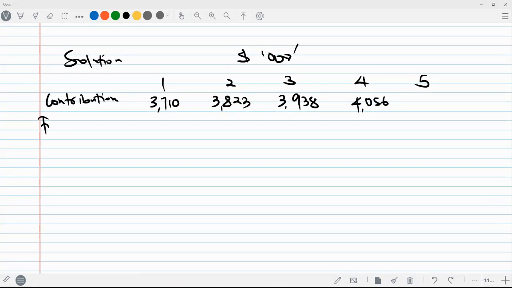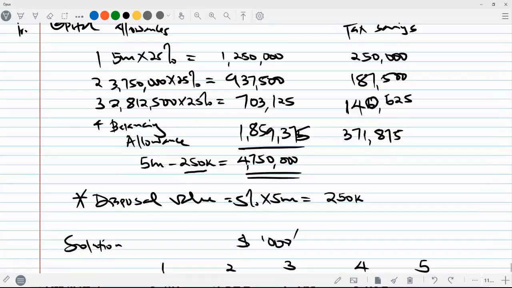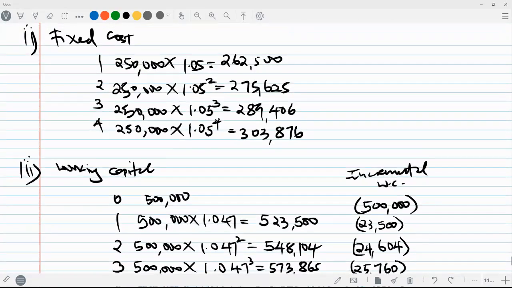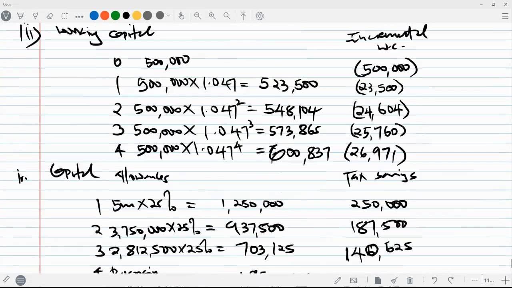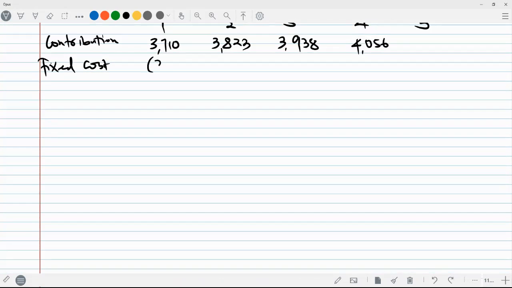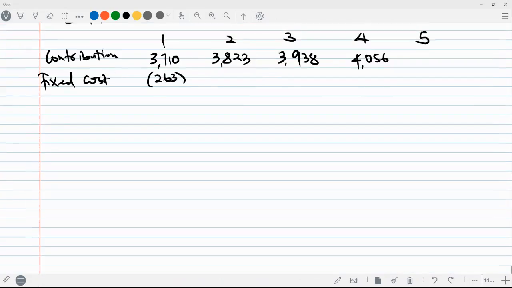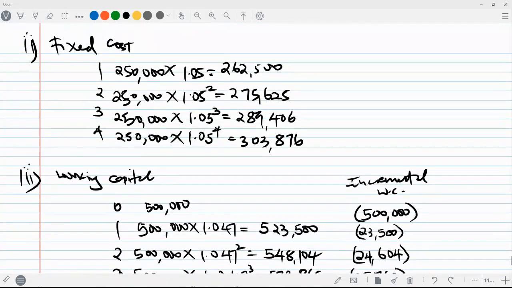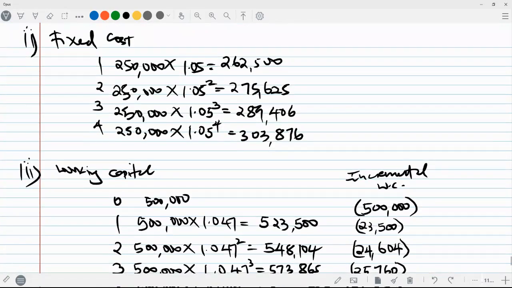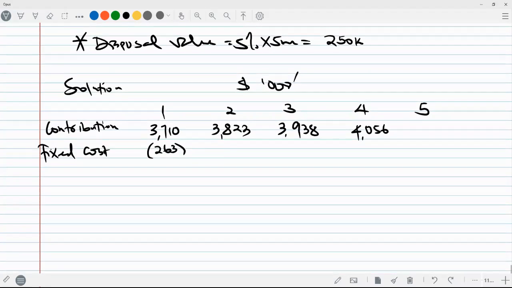We less the fixed cost incurred so far. Year 1 fixed cost, we've done that working already. It's equal to 263. So minus 263. Year 2, we minus 276.